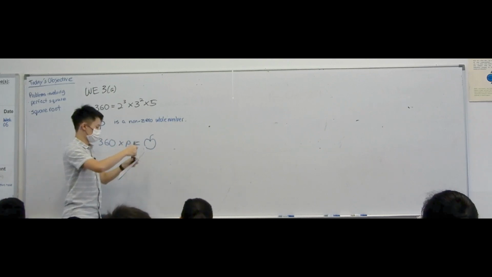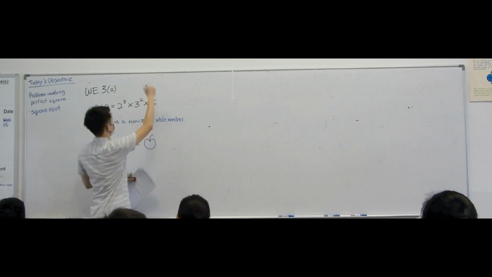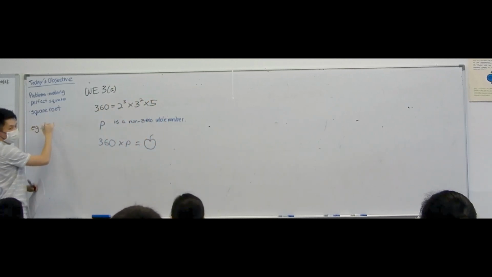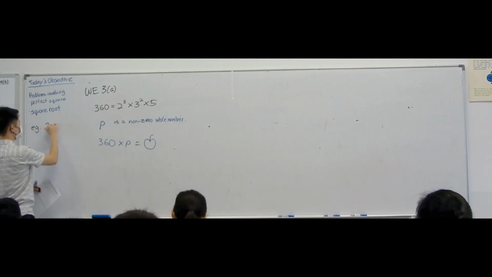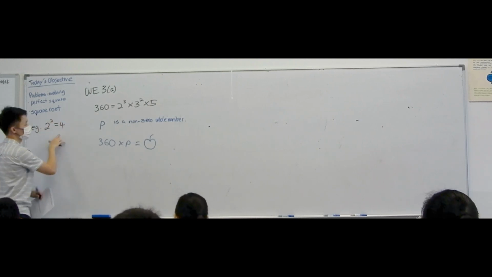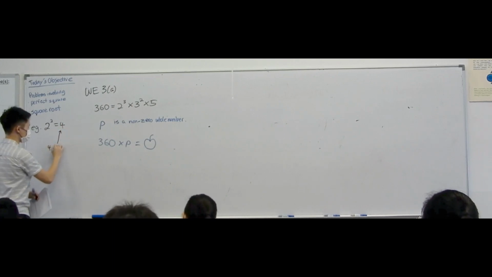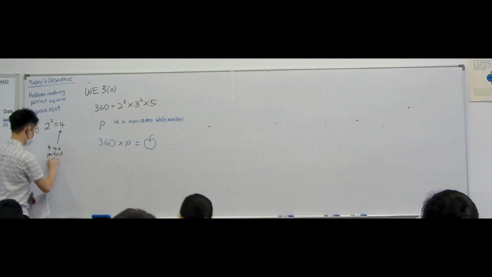So, quick recap. What is a perfect square? For example, 2 squared equals 4. So this means that 4 is a perfect square. This is what a perfect square means.